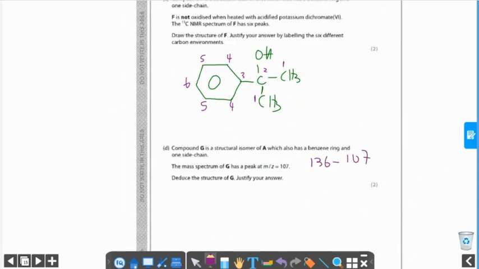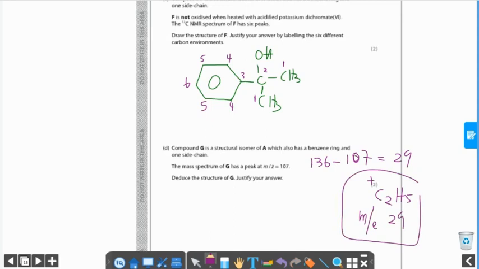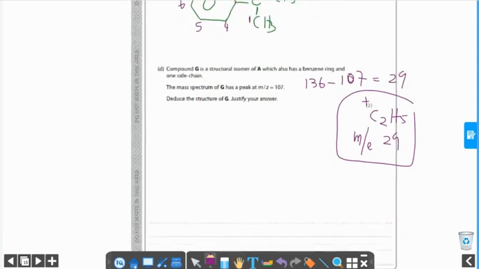That means you have to remove 29 from this molecule. We know 15 corresponds to CH3, and mass to charge 29 corresponds to C2H5. So a C2H5 group is to be removed from this. The side chain only has 3 carbons. That means the OH is on the first carbon. This should be the structure.